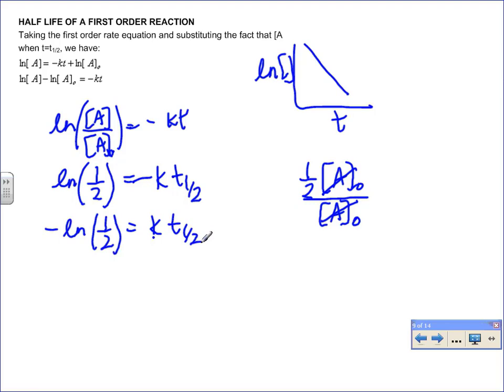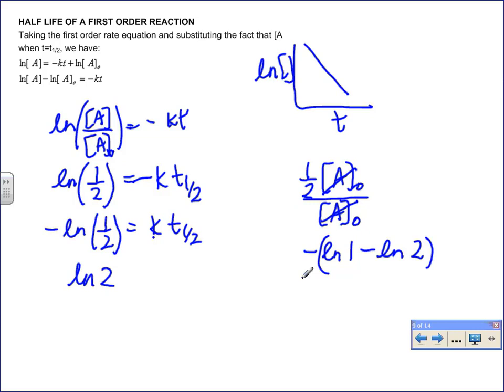Now negative ln of half is actually equal to ln of 2. You can check your calculator if you would like to. If you enter into your calculator negative ln of half and ln of 2, you'll get the same number. The reason for that is using log rules, so I'll show you over here. If you've got negative ln of 1/2, that's the same as negative ln of 1 minus ln of 2, because we've got a division there.